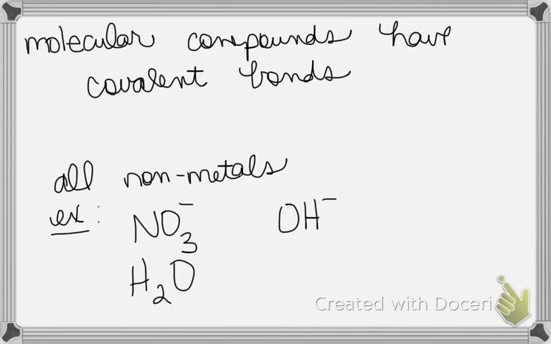Any of the polyatomic ions themselves are molecular, but when you combine them with another metal, they become ionic. Sugar. CO2, carbon dioxide. Those are molecular. They have covalent bonds. What does that mean? In covalent bonds, electrons are shared.